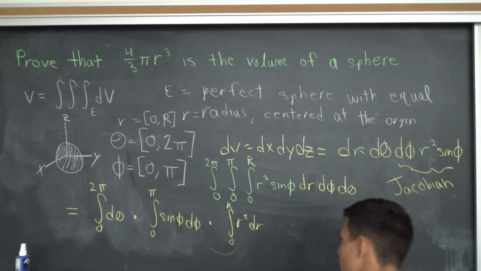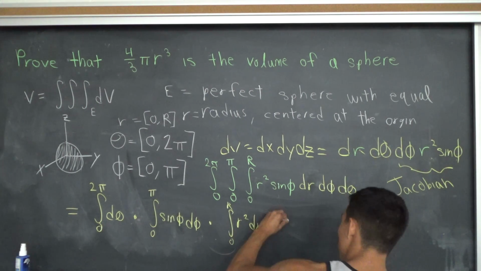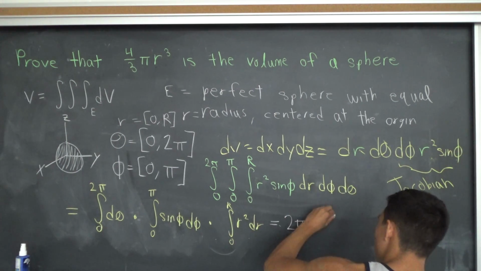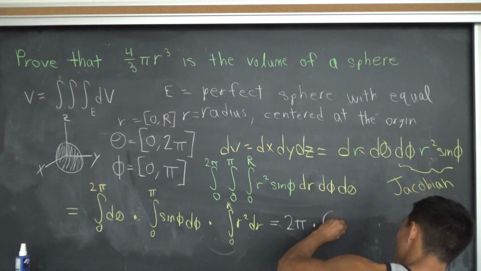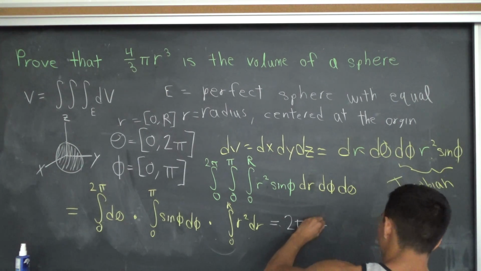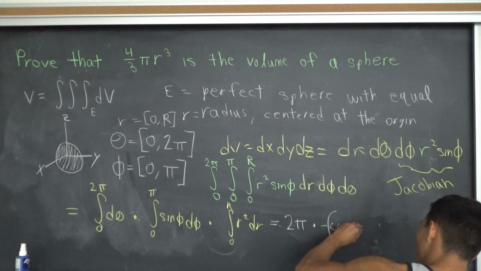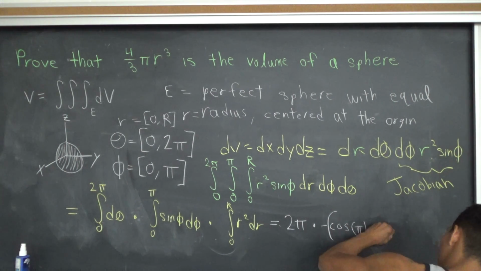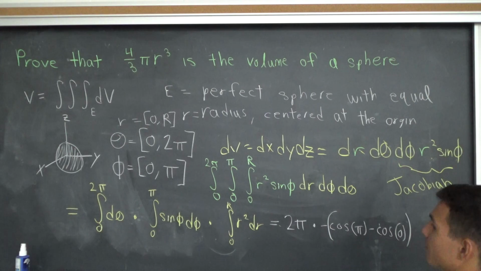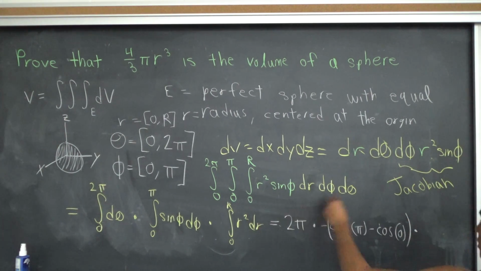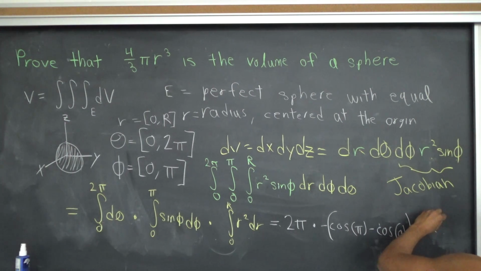So that's going to become 2 pi. The other one, sine phi, would be negative cosine, evaluated from 0 to pi, so negative cosine pi minus cosine 0, multiplied by r squared dr, which becomes r cubed over 3.